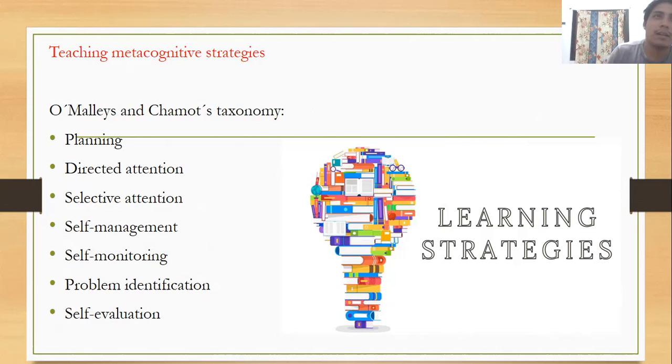Those concepts are both related. Metacognitive knowledge refers to knowledge of one's own cognitive processes. And O'Malley and Chamot also mentioned that metacognitive strategies are not necessarily qualities to be stable with metacognitive knowledge.